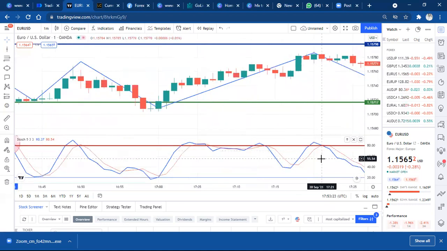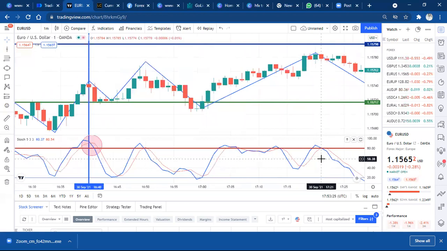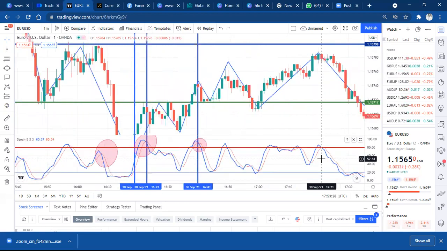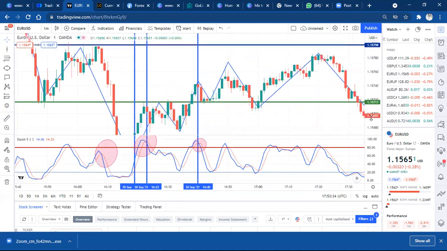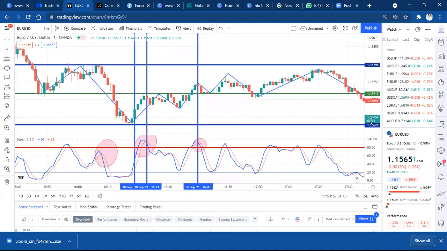Basically, stochastic tells you about momentum, and if you follow stochastic, you would be in profit a lot of the time. Of course, there are times where, for example, when the market got here, you think, yes, the energy is exhausted.